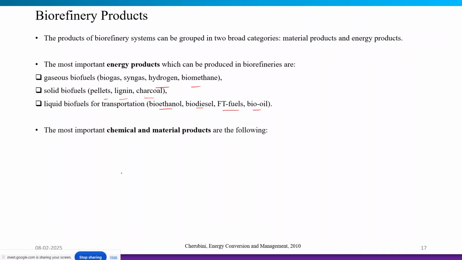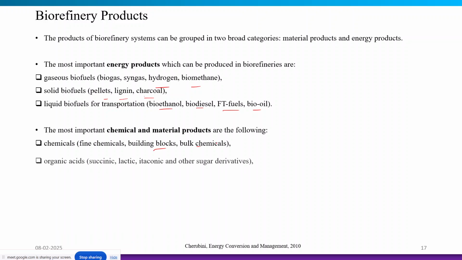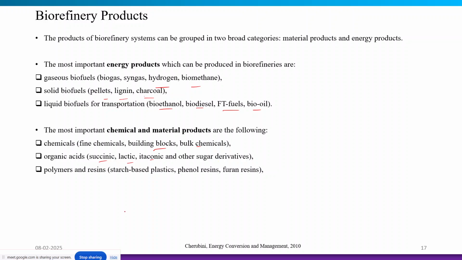The most important chemical and material products are the following: chemicals like fine chemicals, building blocks, and bulk chemicals; organic acids like succinic acid, lactic acid, itaconic acid, and other sugar derivatives; polymers and resins, such as starch based plastic, phenol resin, furan resins; biomaterials like wood panels, pulp, paper, cellulose; food and animal feed; and fertilizers.